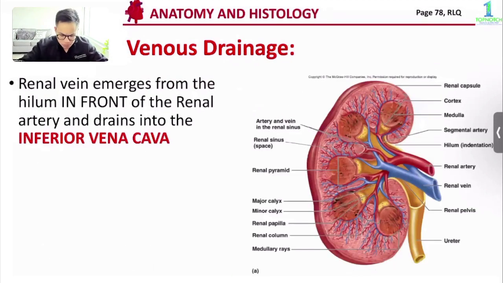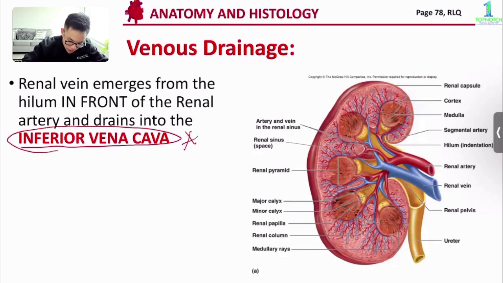The venous drainage, on the other hand, drains in front of the renal artery and goes towards your inferior vena cava. So this is the end point of it.